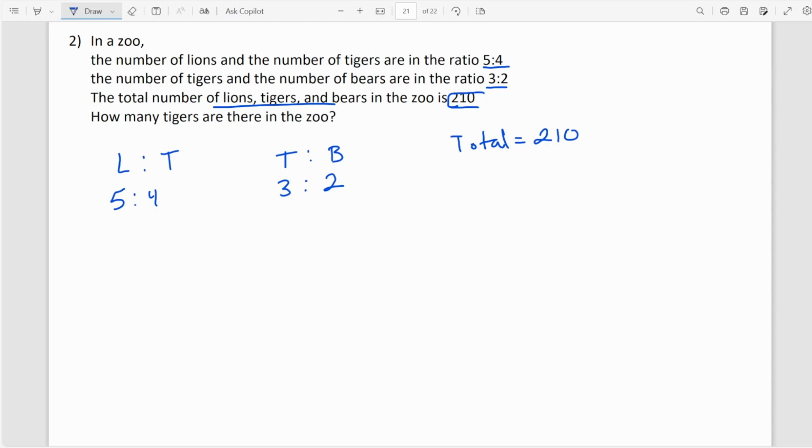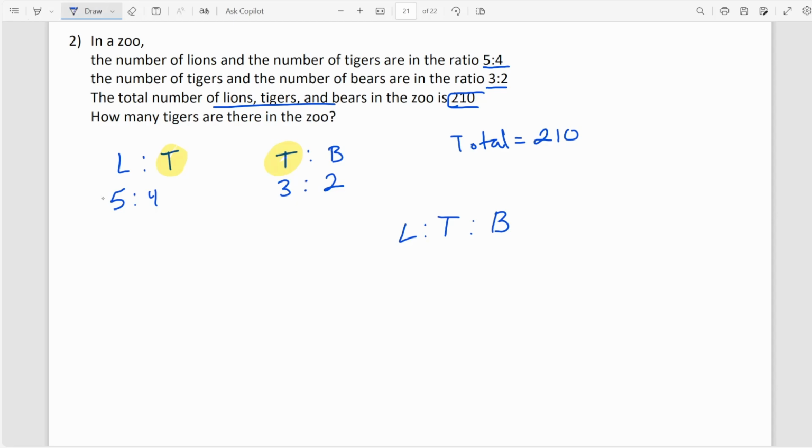Now, it would be wrong to try to figure out the tigers from this ratio alone or this ratio alone, because this ratio alone does not represent the total. The total should be a ratio between lions, tigers, and bears. So as usual, you need to combine the ratios. The link is the T right here, the tigers.